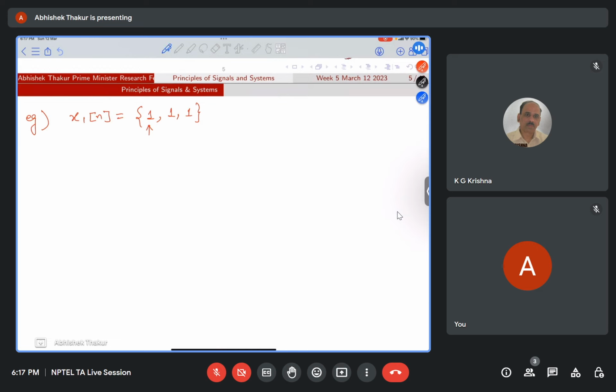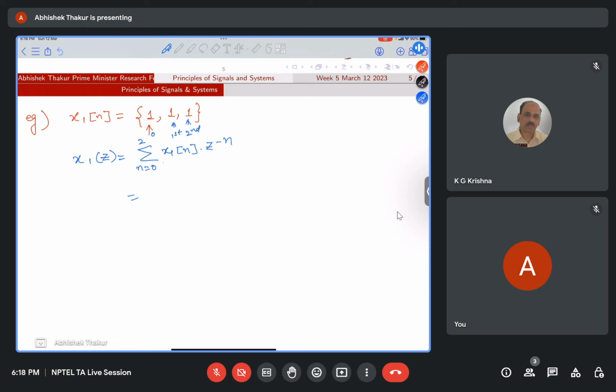By definition, X1(z) will be the summation of x1[n] z to the power minus n, where this is the 0th index, this is the first, and this is the second index. For all other values, x1[n] is 0. So here the summation will be from n equal to 0 to 2. You substitute all the values.